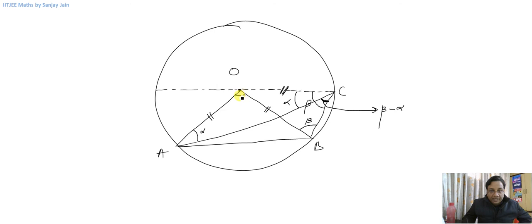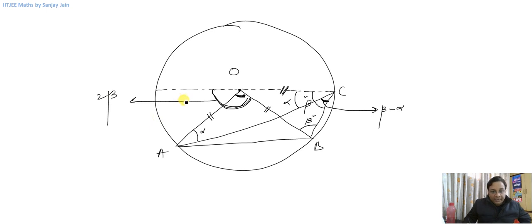And this angle here, let us first talk about this angle. This is an exterior angle for triangle BOC. So it will be equal to beta plus beta, the sum of interior opposite angles. So this angle here is twice of beta.